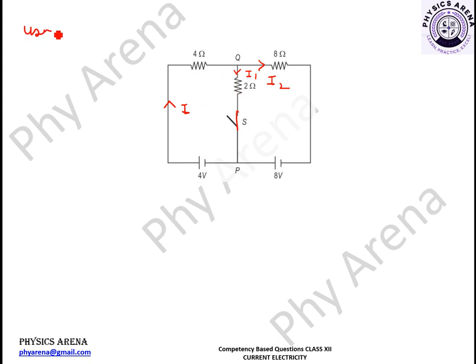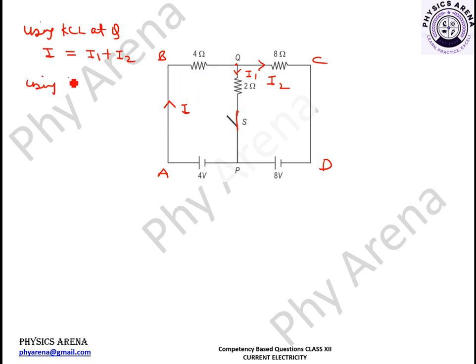So using KCL at Q, we can write I is equal to I1 plus I2. I is the current that is reaching this node, and I1 and I2 are going out from it.